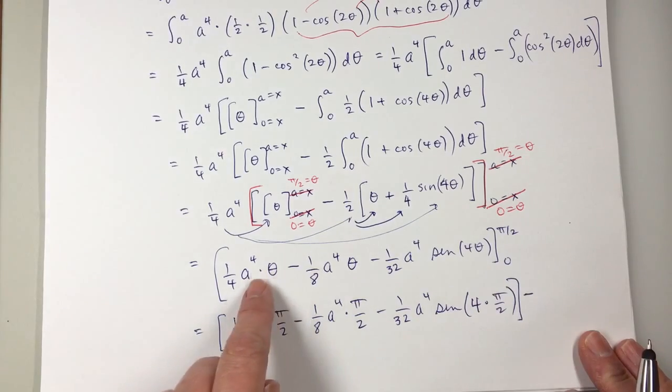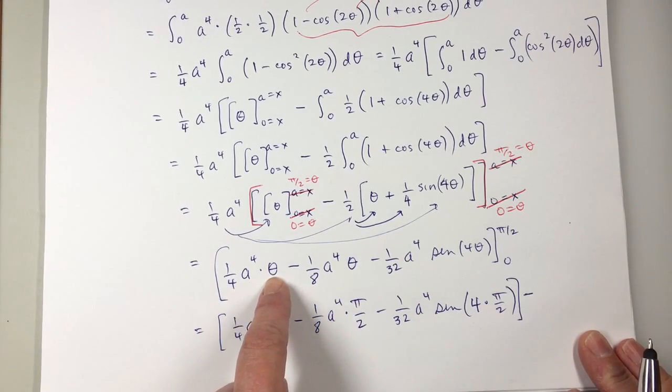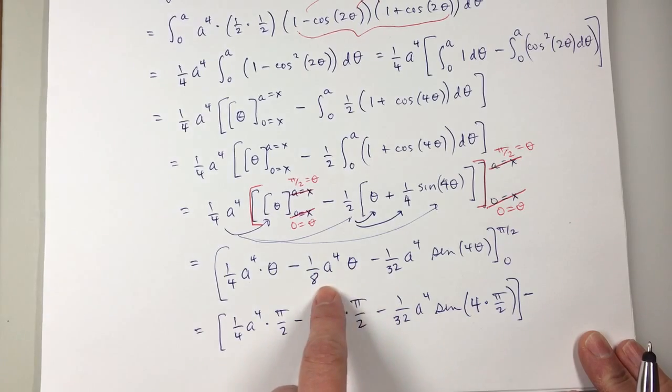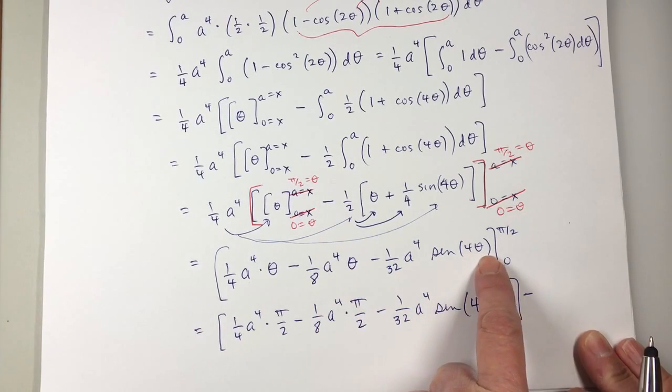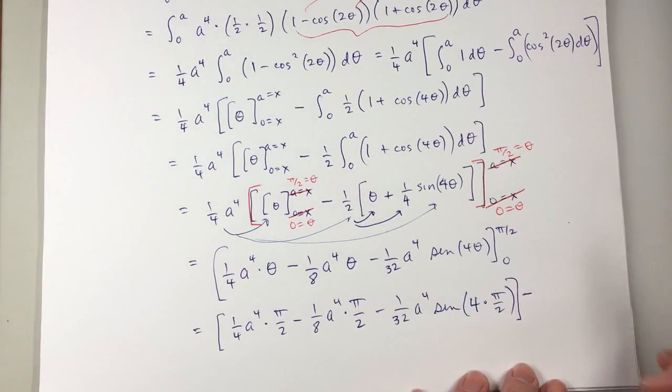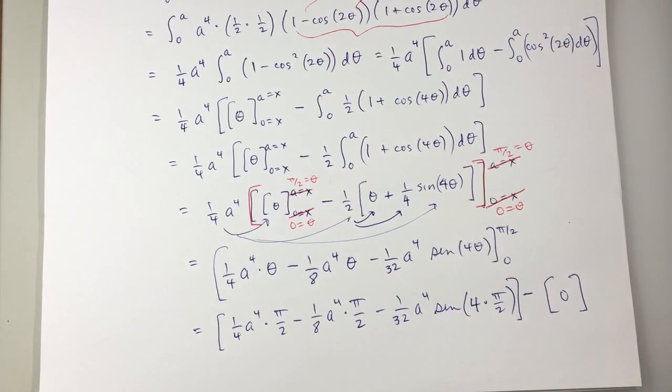What happens when I put 0 in here? 0. What happens when you put 0 right here? 0. What about the sine of 0? That is 0. So 0 is going to give me 0. It does not always give you 0, but it gives me 0 right here.